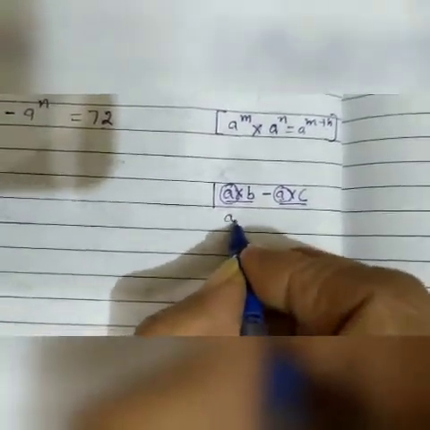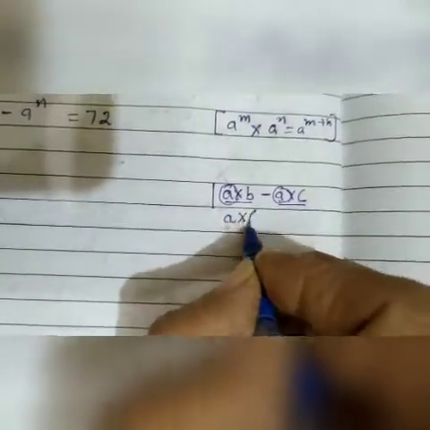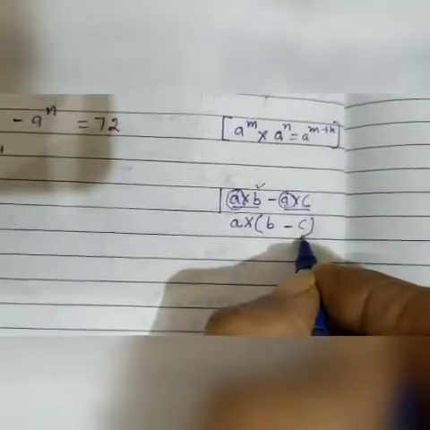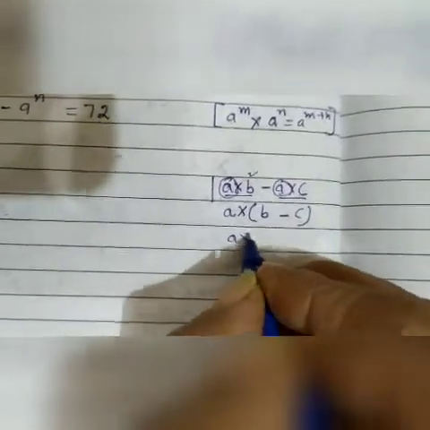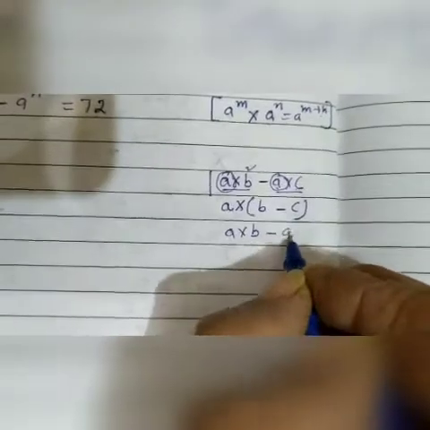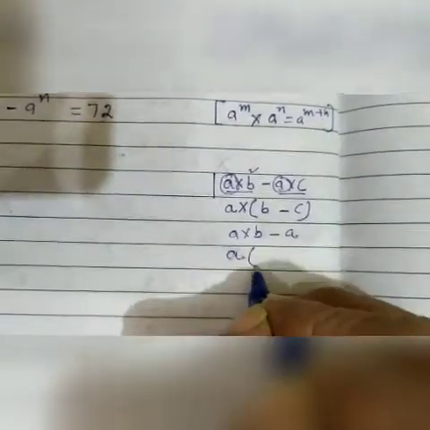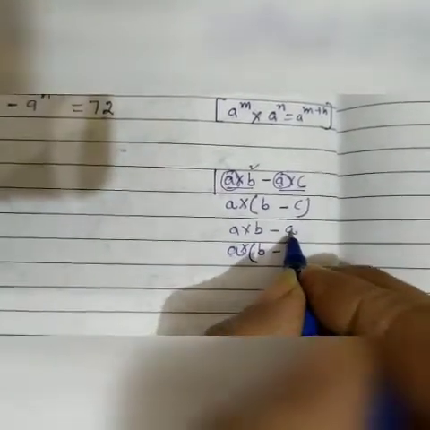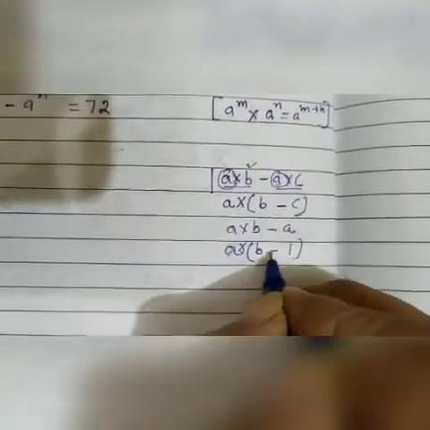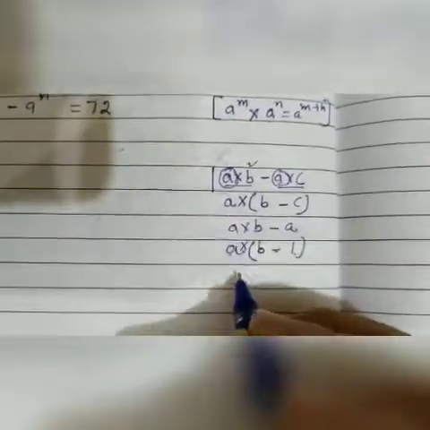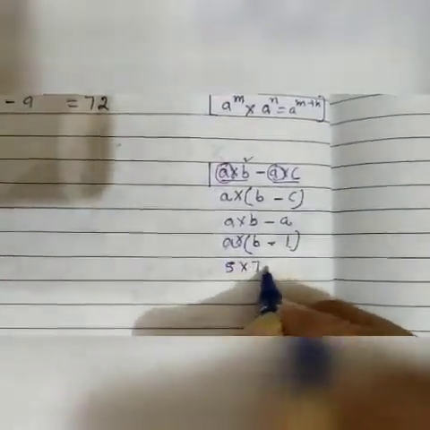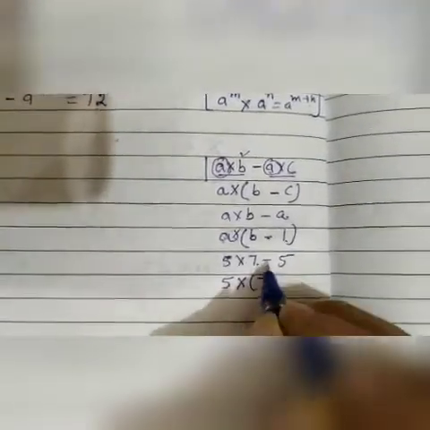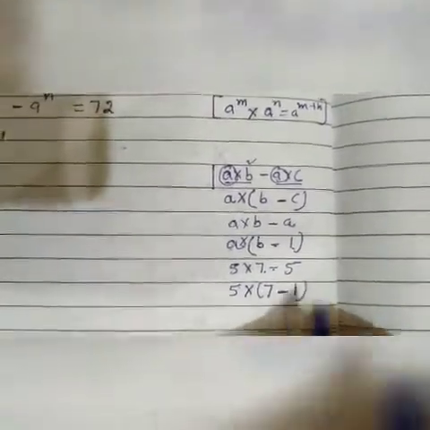So we write a out of the bracket, a multiply, then b minus c. And if I write a multiply b minus a, we take a common, multiply, b is left from here, minus, and when we divide a by a we get 1, minus 1. If it is a number, see, 5 into 7 minus 5, we take 5 common, then 7 is left from here, minus 5 ones are 5, like this.